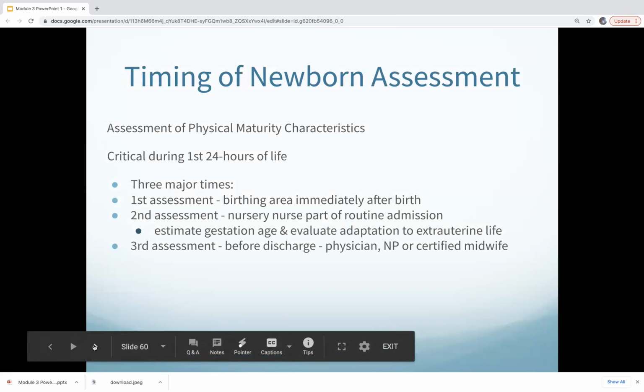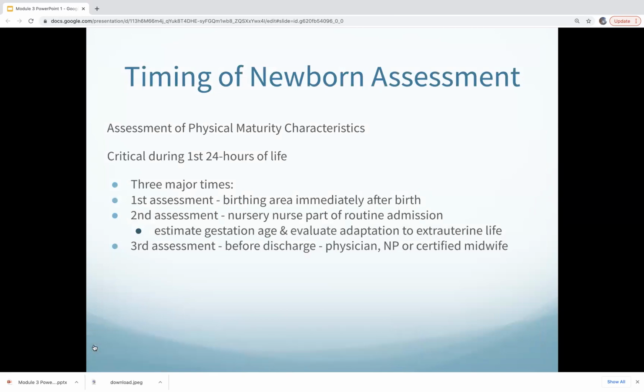The baby's going to have 3 vital assessments, one immediately after birth. The second one is the nursery nurse is going to do as part of the normal routine admission. And then the third one, the nurse practitioner, the physician, or the midwife will do prior to discharge.